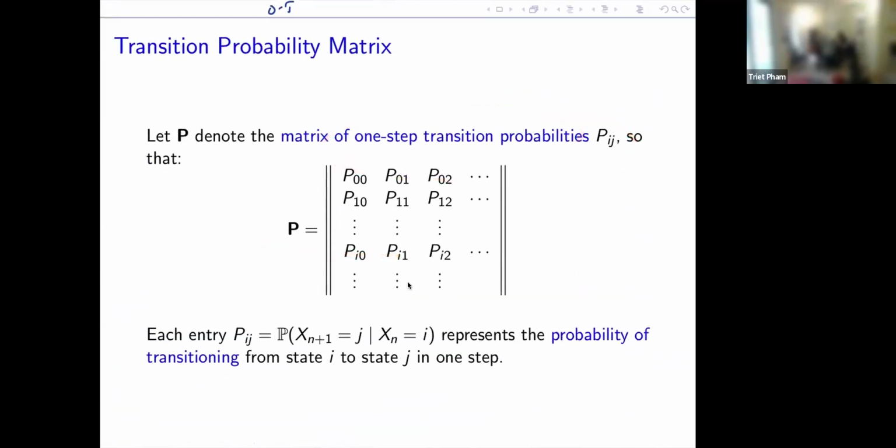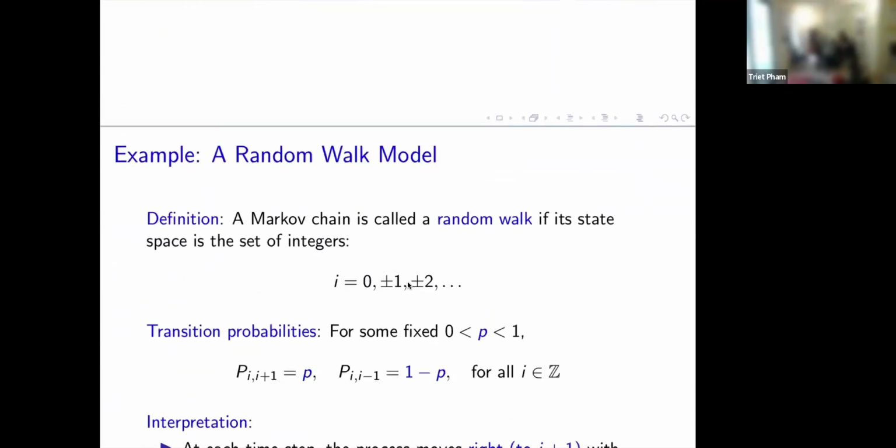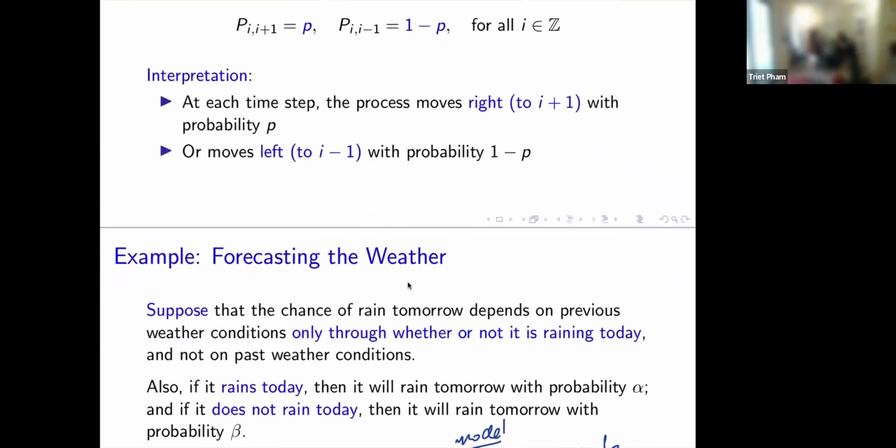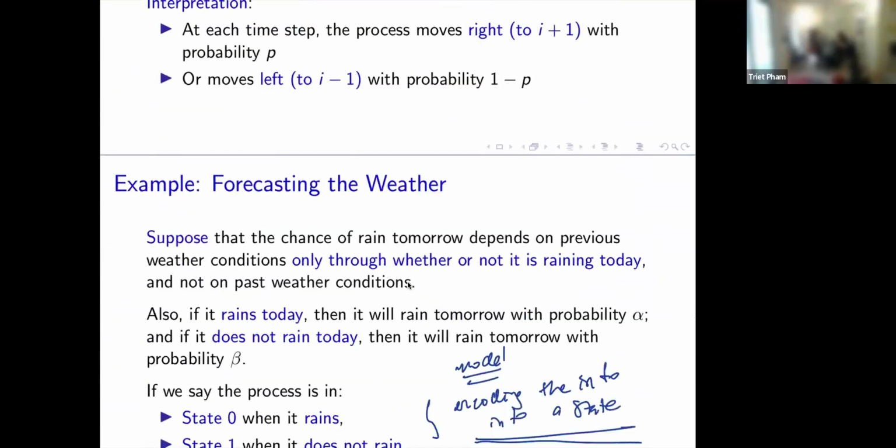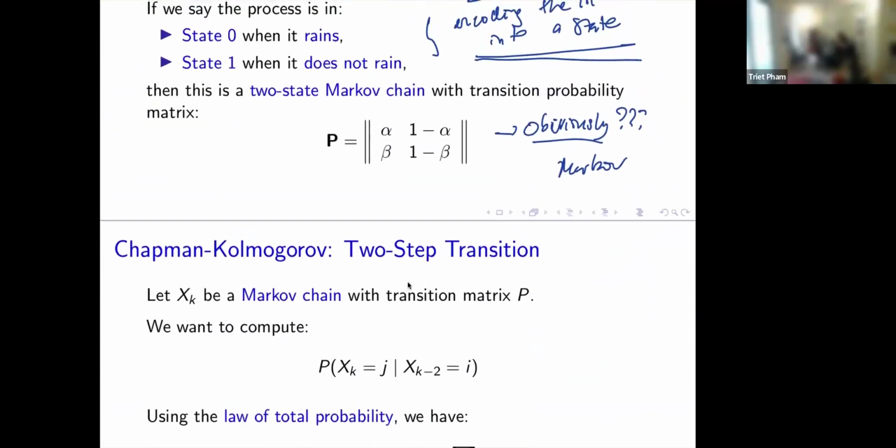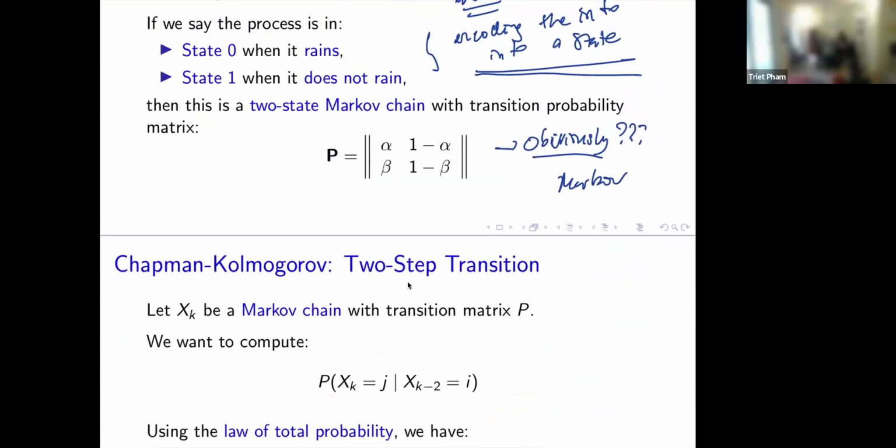It tells you how to go from one state to the next. But the obvious question is, can I do 2 steps? The answer must be yes. Let me remark on why the answer must be yes.